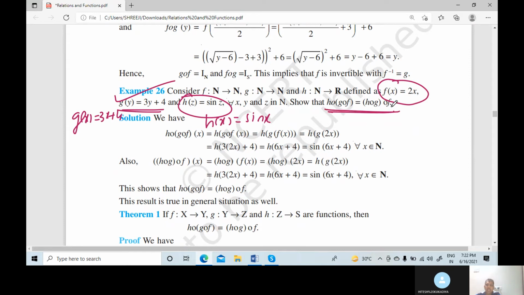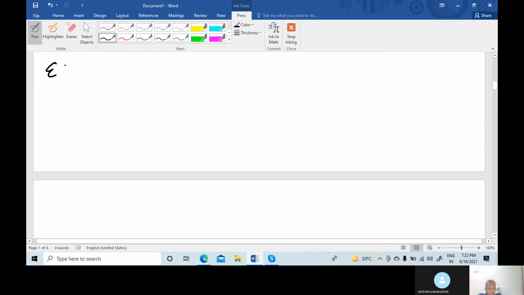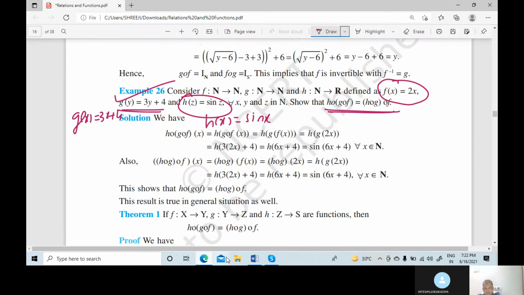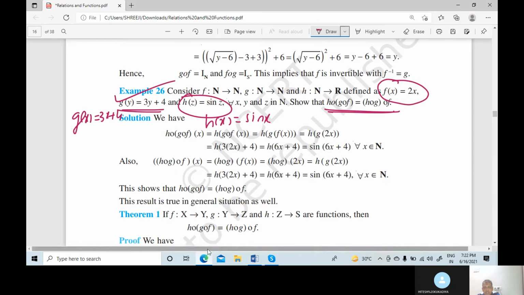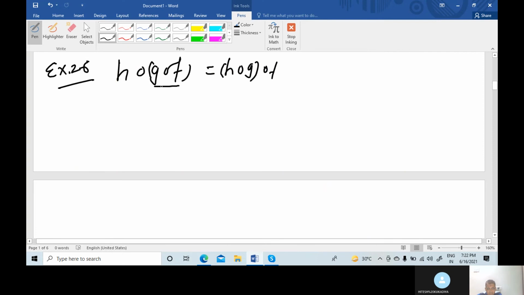Which result have we proved here? h∘(g∘f) = (h∘g)∘f. Example number 26. Now first we calculate g∘f.